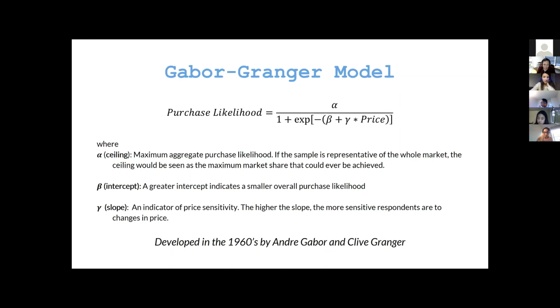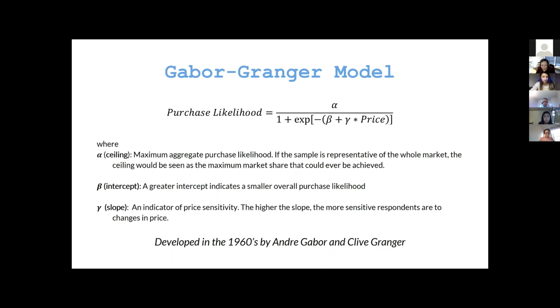But in the Gabor-Granger model, alpha represents the ceiling, basically the maximum purchase likelihood, and that's coming from the data. What is the highest purchase likelihood you found in your data in terms of willingness to buy your product at a certain price point? Beta is the intercept.